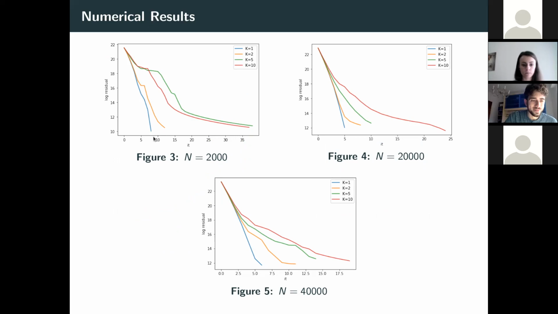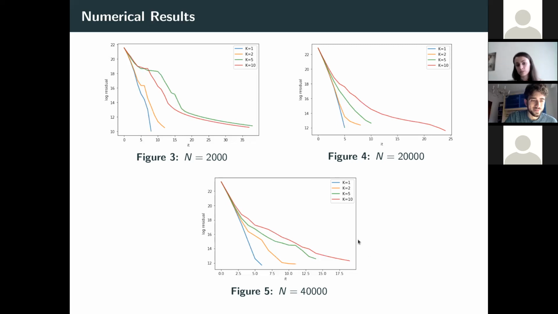What we can see is that when the problem is small, the 2 methods with large k require many more iterations than the methods with k equal to 1 and 2. But as the size increases, the methods with larger k require a number of iterations that is closer to the methods with k equal to 1 and 2. So here k equal to 5 is much better than before, and here also k equal to 10.